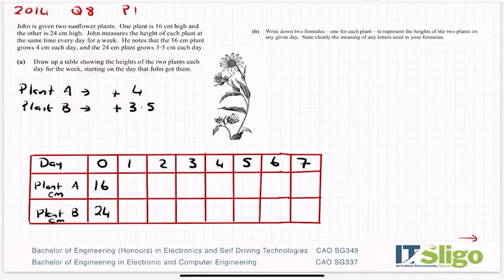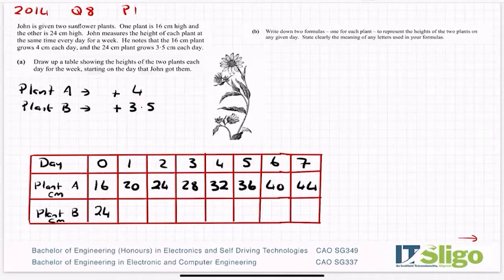So yes, you could create a formula and put it into a calculator, but it's actually easier just to go 16 plus 4 is 20, plus 4 is 24, plus 4 is 28, 32, 36, 40, and 44. Okay, so that's the fastest way of doing it.